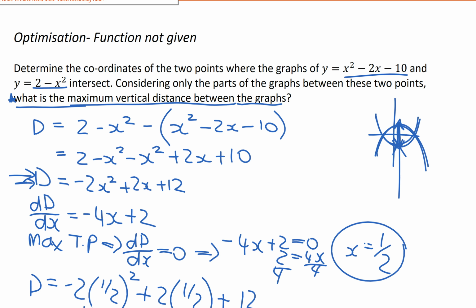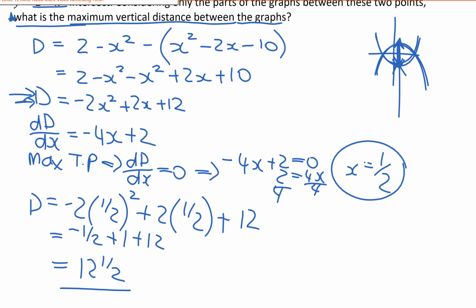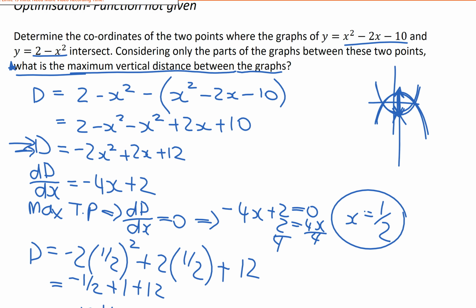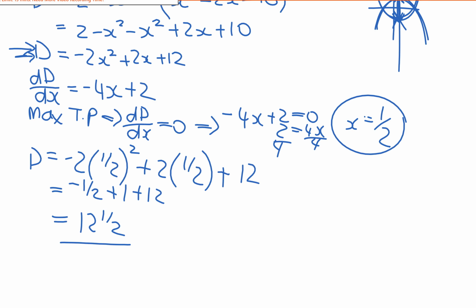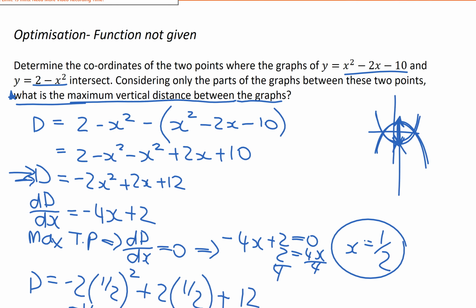What we need to say is, as the question states up there, determine the coordinates of the 2 points to make sure that this maximum, 12 and a half, actually lies within where the 2 graphs are set. Happy with that?